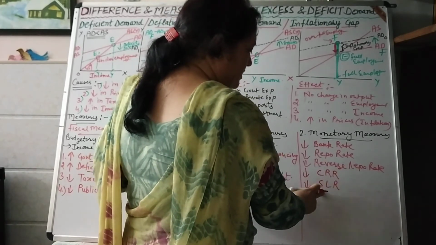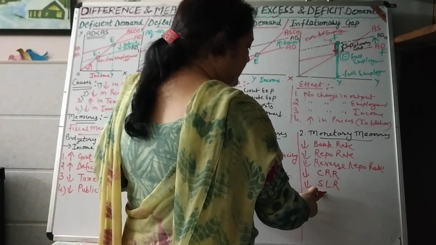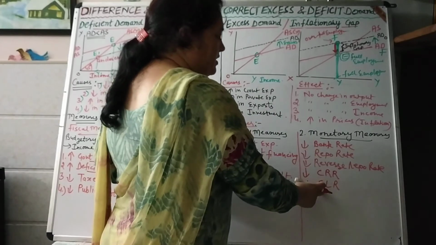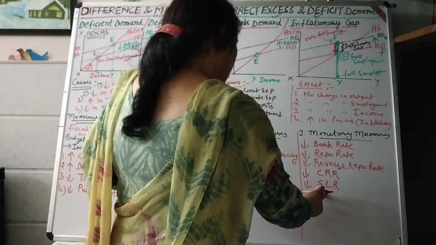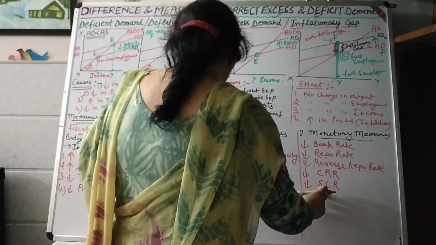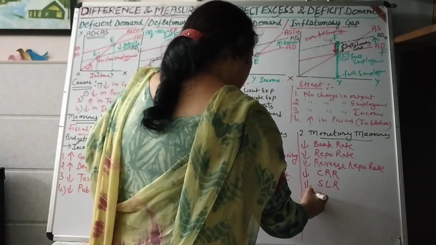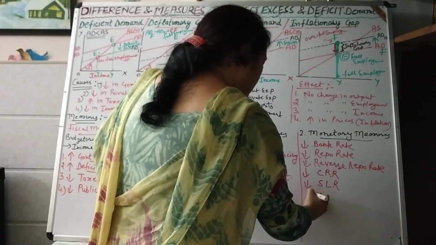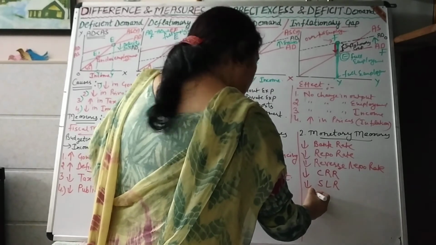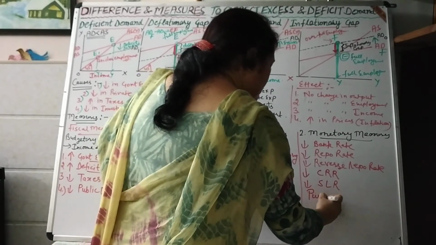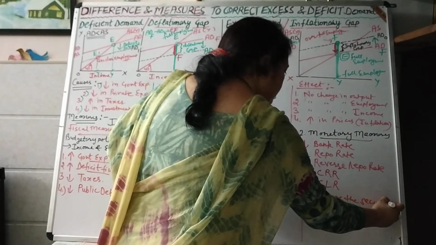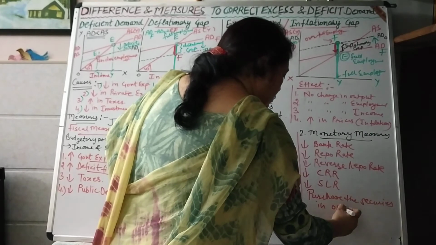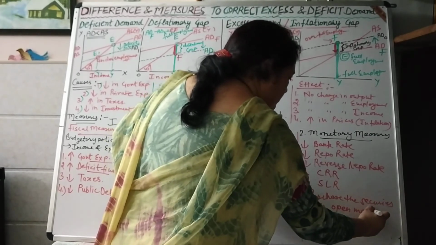Statutory liquidity ratio means every commercial bank also kept some liquidity amount with itself of the total deposit. Then next point, banks will purchase the securities in open market operations.